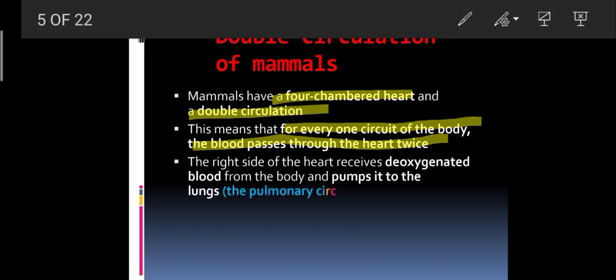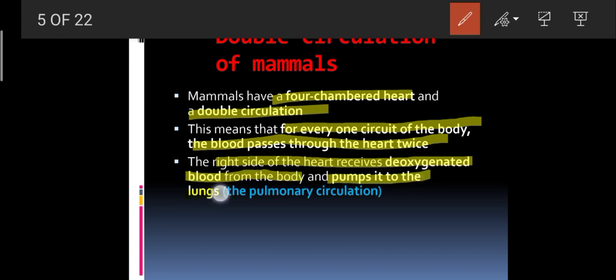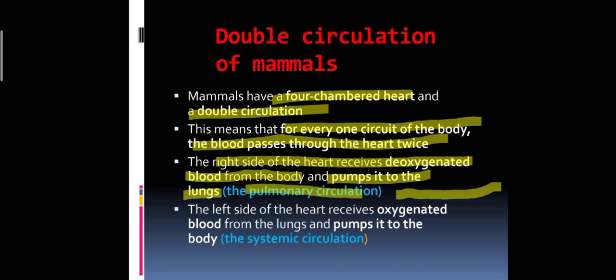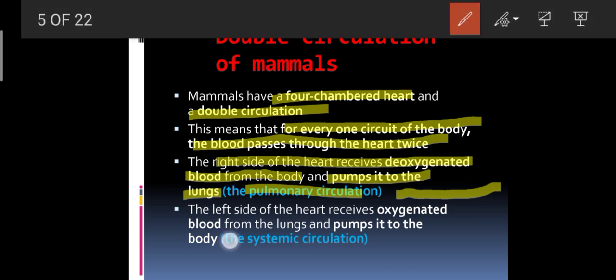And we already know that the right side of the heart receives deoxygenated blood from the body and pumps it into the lungs, and this type of circulation is known as pulmonary circulation. While the left side of the heart receives oxygenated blood from the lungs and pumps it into the body, and this is known as systemic circulation.